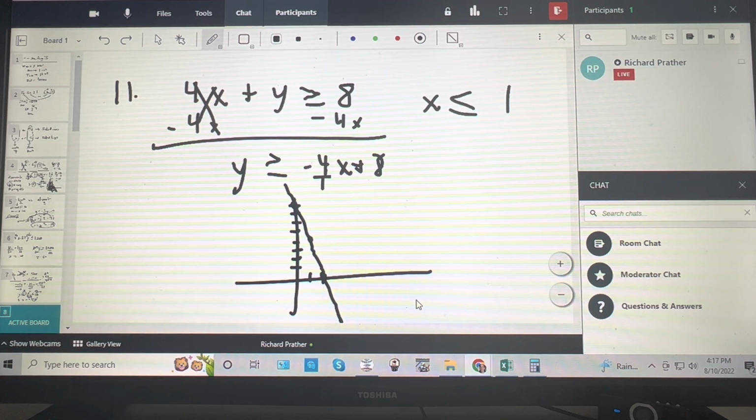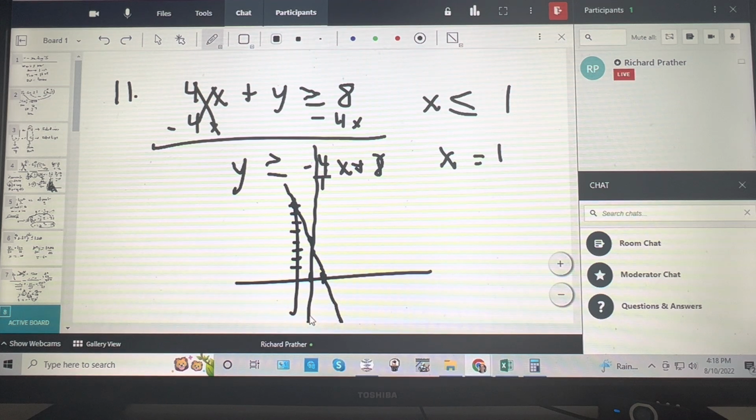So that's what the last section, problems 1 through 10, they only gave you one main inequality besides the x and the y-axis. So now you're going to have two or more inequalities, and then maybe even the x and y-axis too, but this one doesn't have them. So x is less than or equal to 1. If you remember, x equals 1 is a vertical line right through 1 on the x-axis.